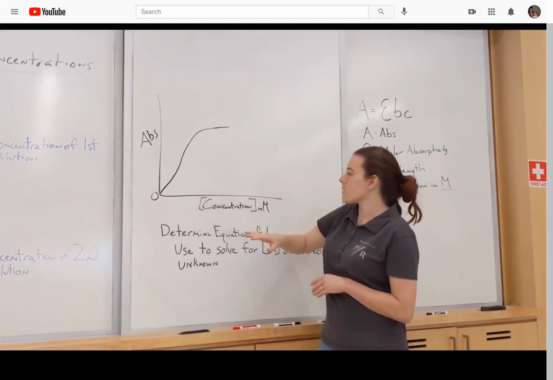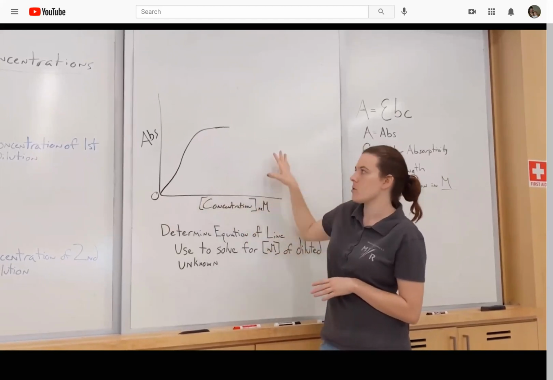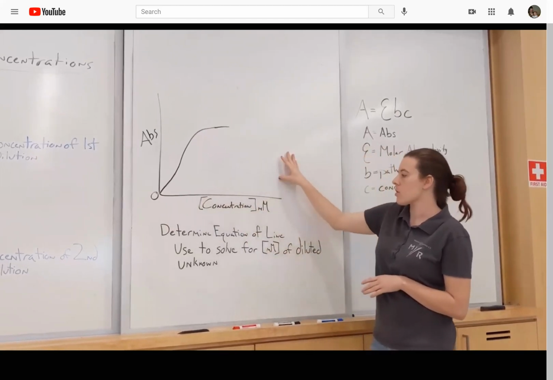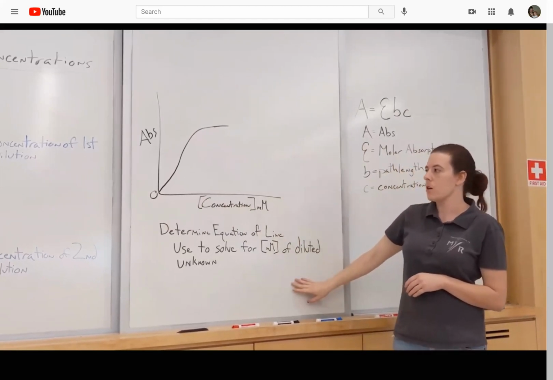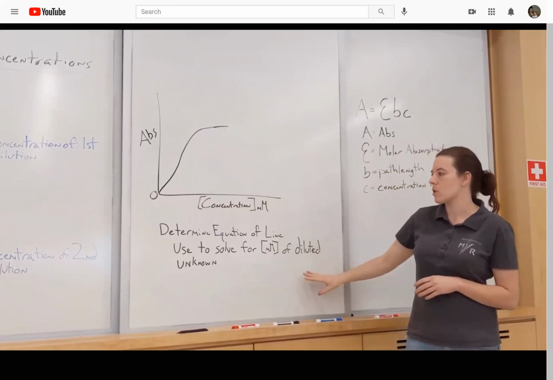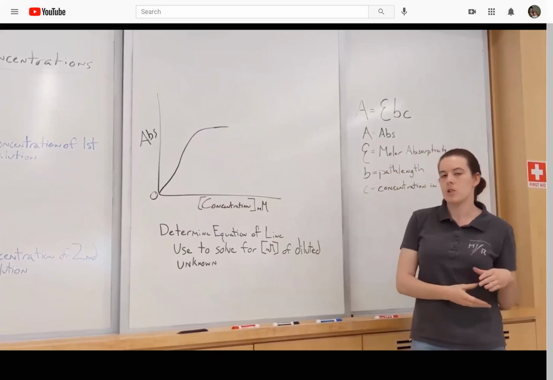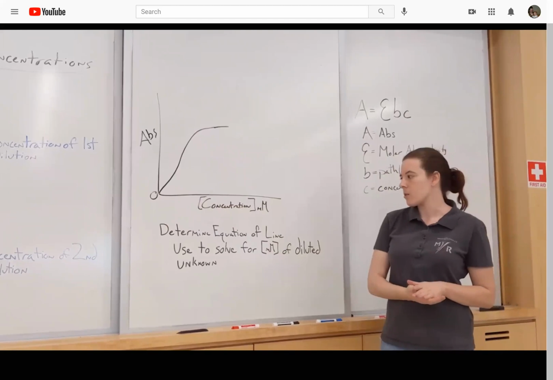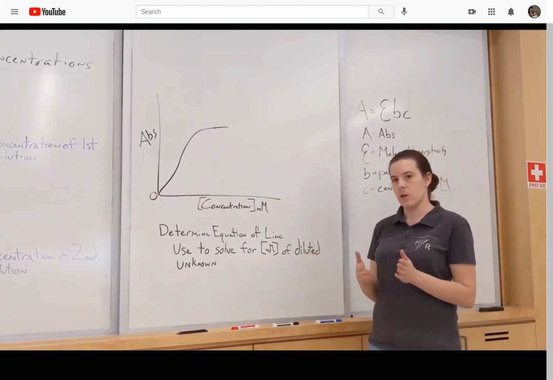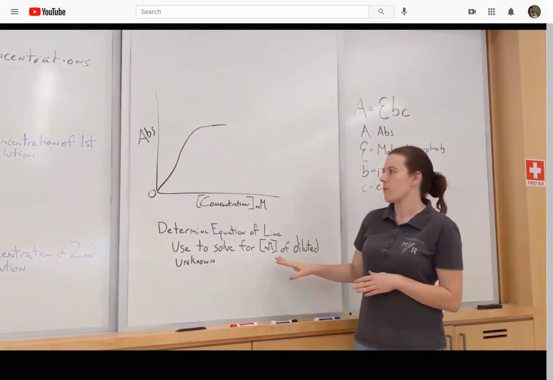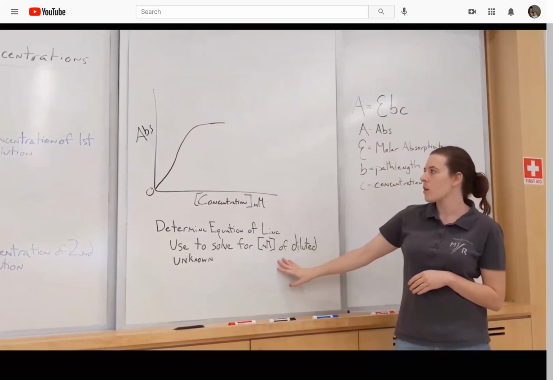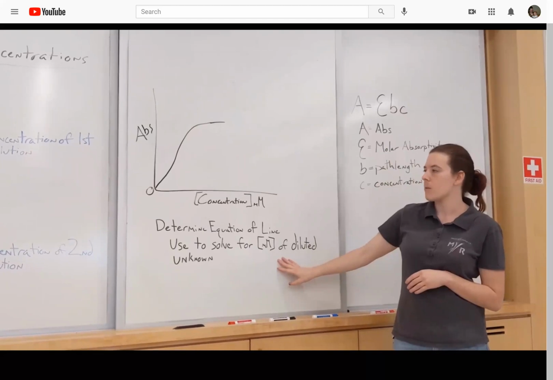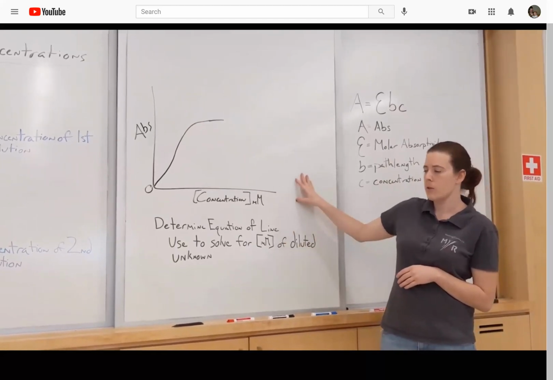So for this lab, you're going to use this graph to determine the concentration of your unknown solution. So remember, we took an unknown concentration of the dye, we diluted it in a 1 to 10 dilution, and then we found that absorbance. So we're going to use the absorbance of the unknown and determine the concentration from this graph.